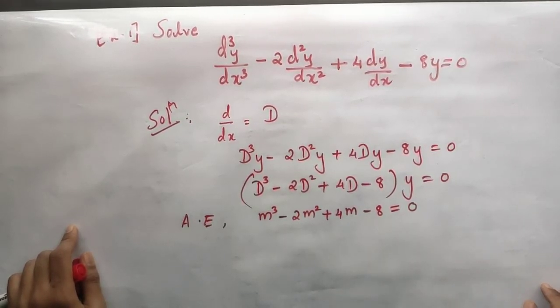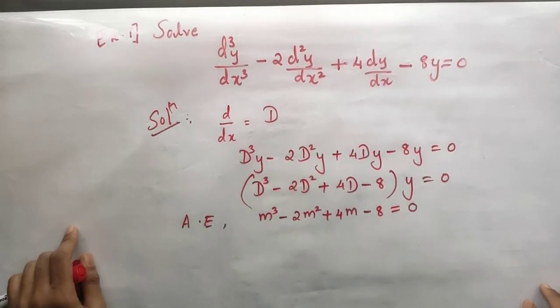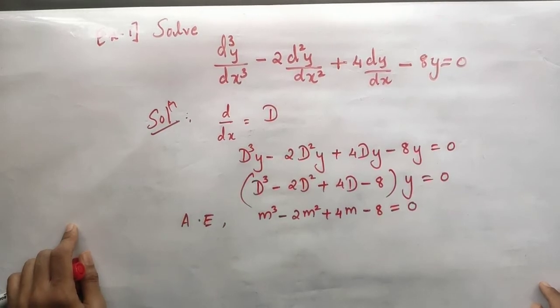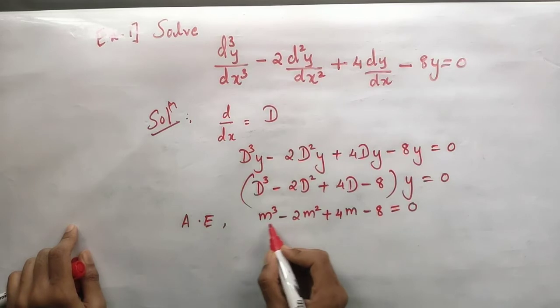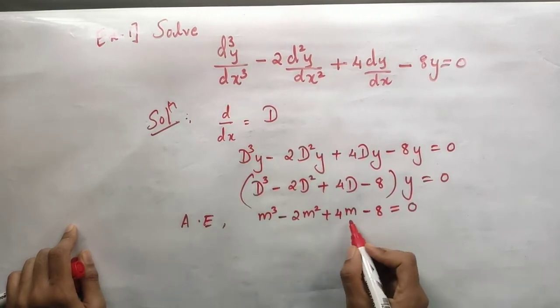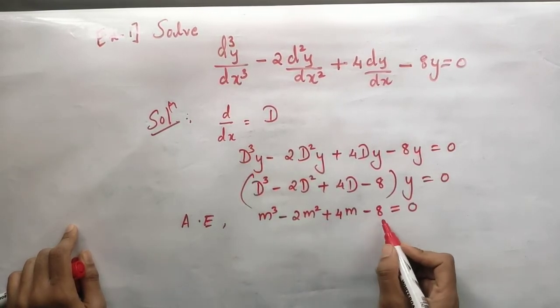Once you get the auxiliary equation, you see it's a cubic equation in terms of m. You have to find the roots, or zeros, of this equation. I see that m square is common from the first two terms, and 4 is common from the next two terms.